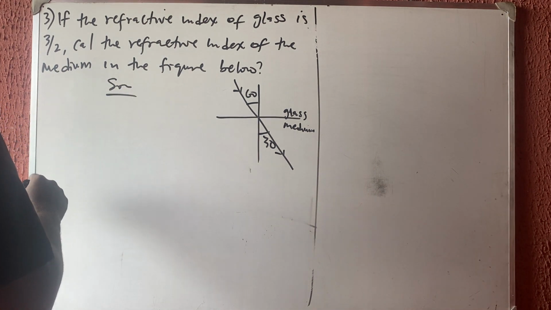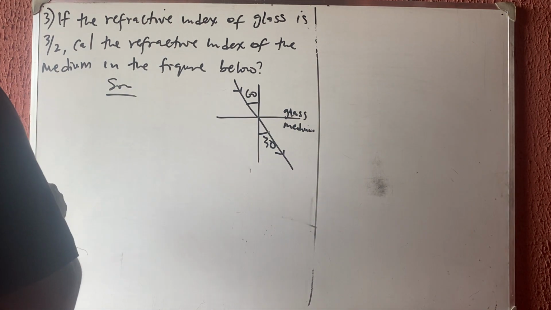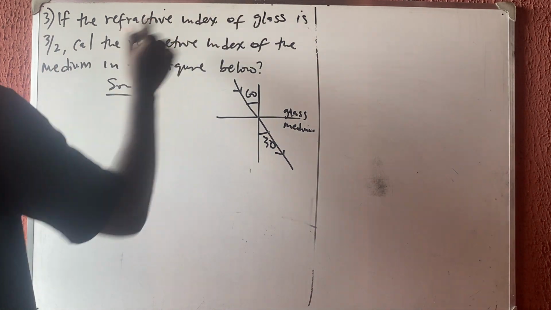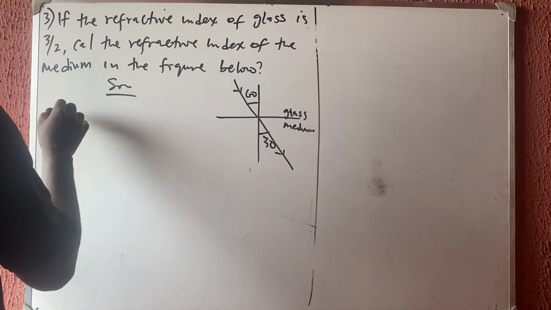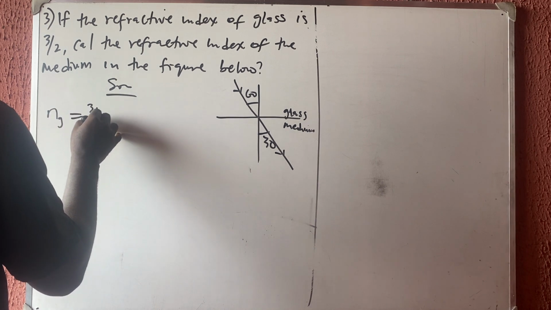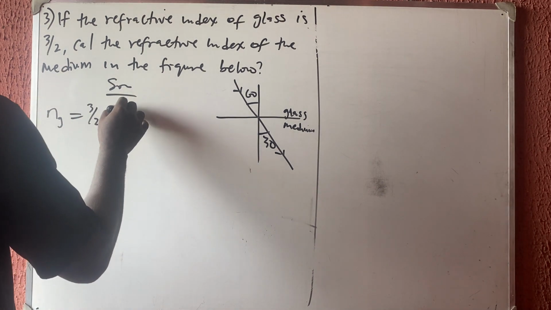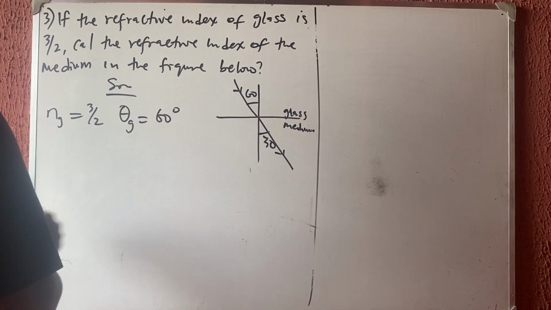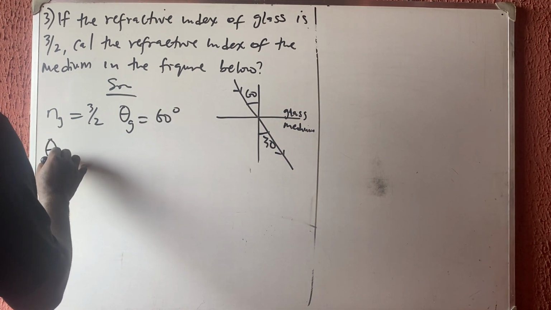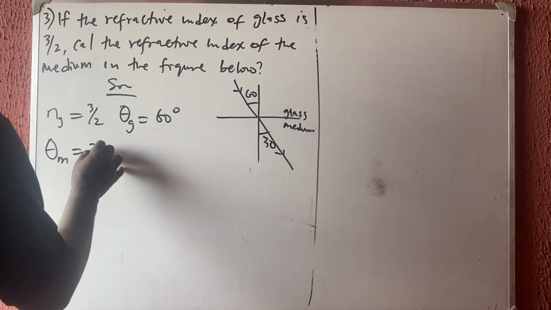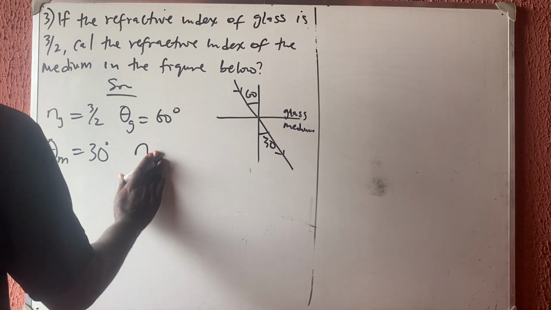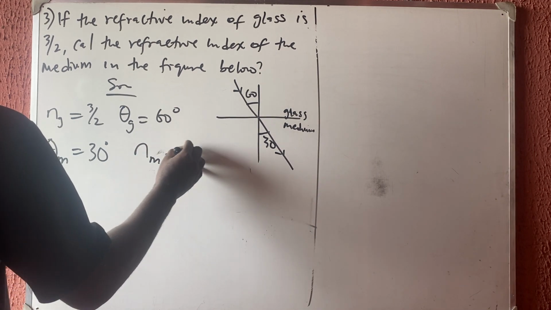They gave us the refractive index of glass, n of glass is equal to 3/2, and the theta of glass is equal to 60 degrees. And the theta of the medium is 30 degrees. So we need to find the refractive index of the medium, which is unknown.